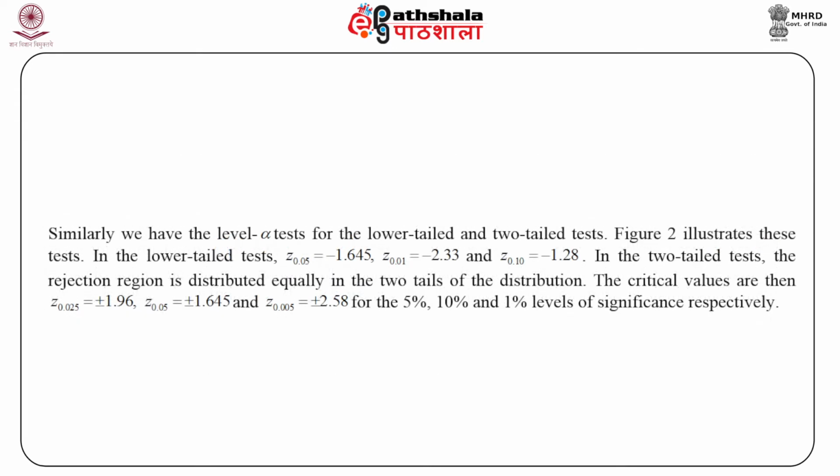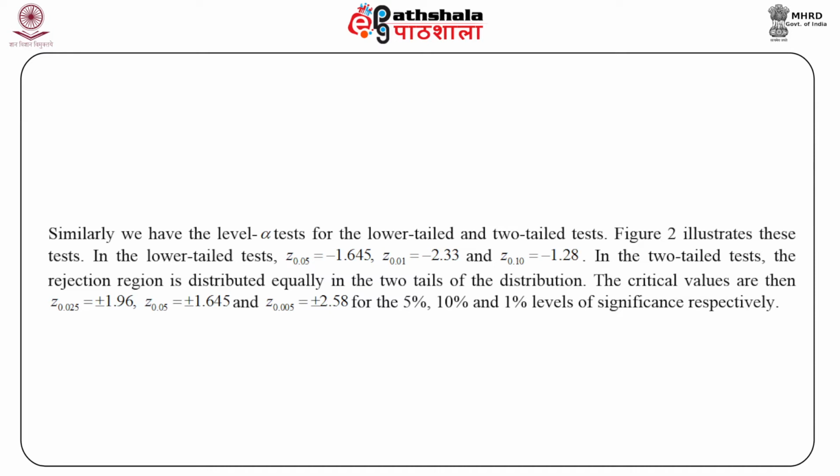Similarly, we have level alpha tests for the lower tailed and two-tailed tests. In figure 2 we illustrate these tests. In the lower tail test, Z at the 0.05 level is equal to minus 1.645, Z at 0.01 is equal to minus 2.33, and Z at the 10% level, which is 0.10, is equal to minus 1.28.